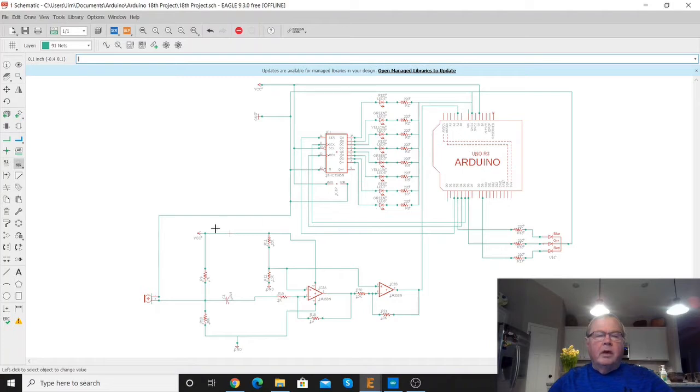What we've modified here is we're now going to be listening to the music through a microphone and making the LEDs dance to the output of a microphone that's been amplified. And this time we're doing it with a shift register rather than connecting every LED up to a digital pin.